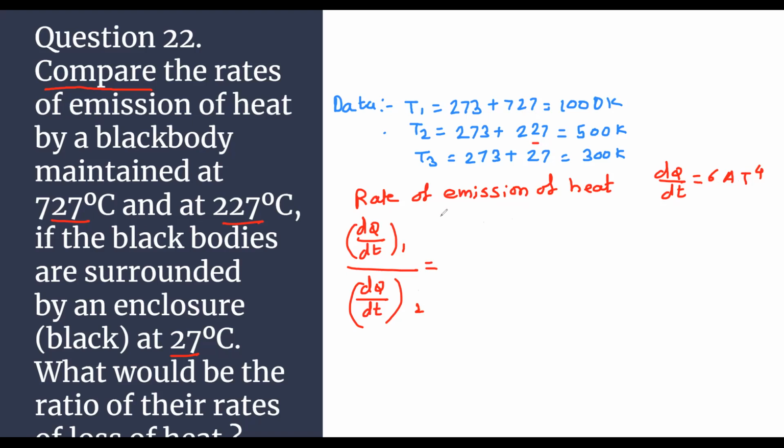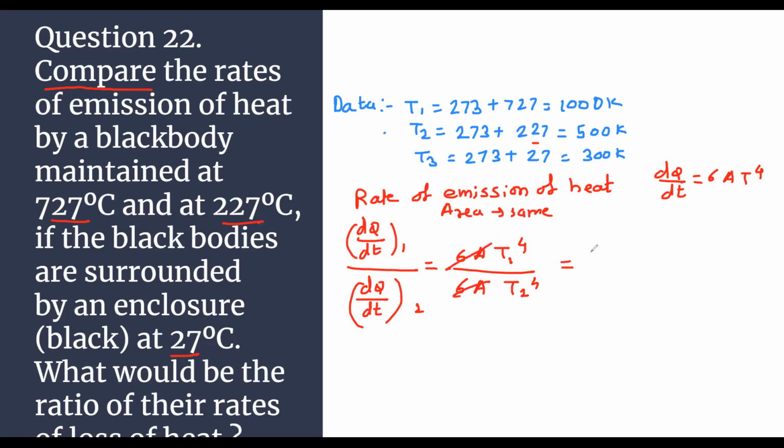Here we need to assume that the area is the same. Only when we assume the area is the same can we cancel out the area from numerator and denominator, which makes it easy.